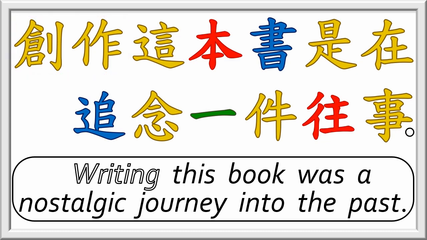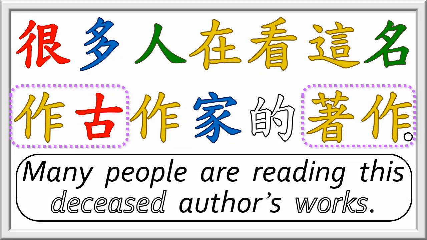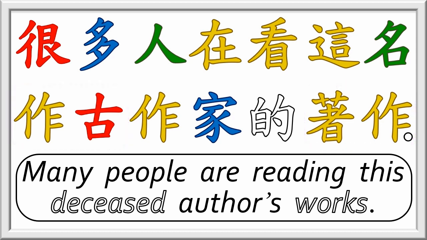The creative spark for this book was a nostalgic journey into the author's past. 很多人在看这名作古作家的著作. Many people are reading this deceased author's works. 作古, of course, is a rather formal way of saying a person has died or passed away.